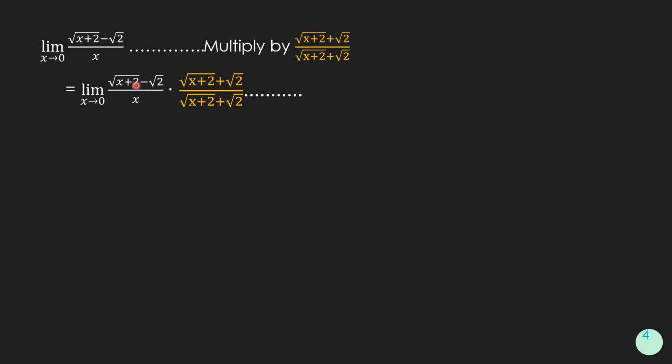Now we have to multiply the numerator and denominator separately. For multiplying the numerator, we have to use the identity a minus b into a plus b equals a squared minus b squared. See here, this is a, this is b, this is a, this is b.